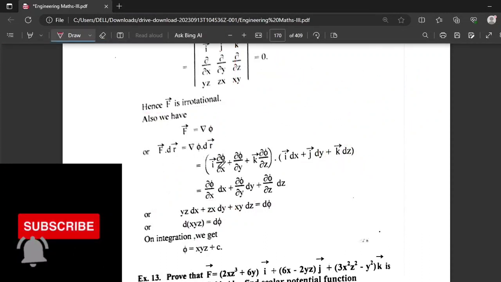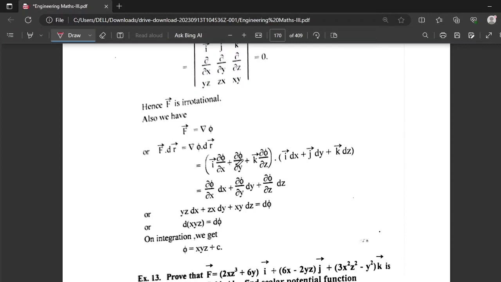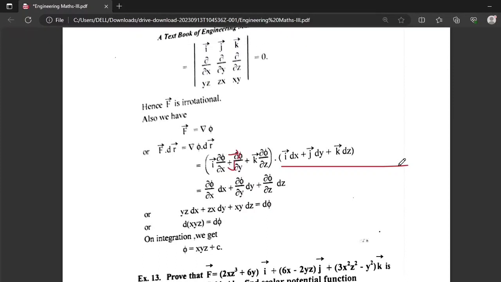In the right hand side, grad of phi is i del phi/del x plus j del phi/del y plus k del phi/del z, and dr is, as I have already told, i vector dx plus j vector dy plus k vector dz.